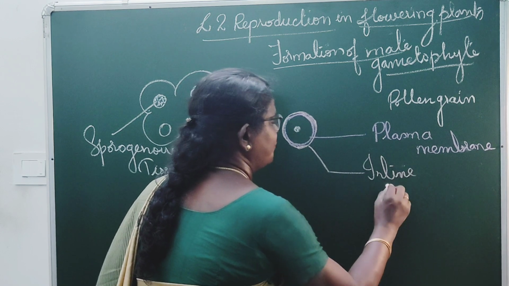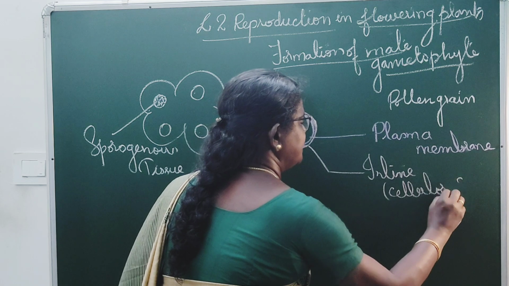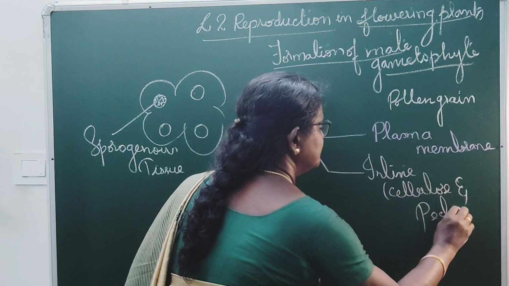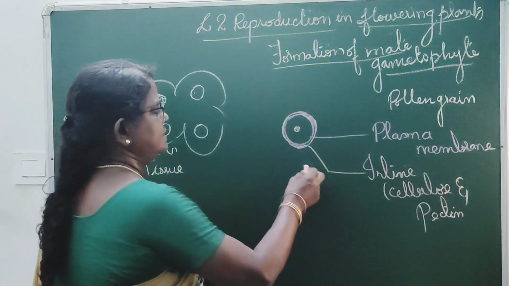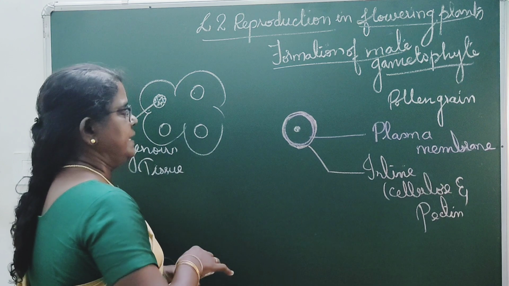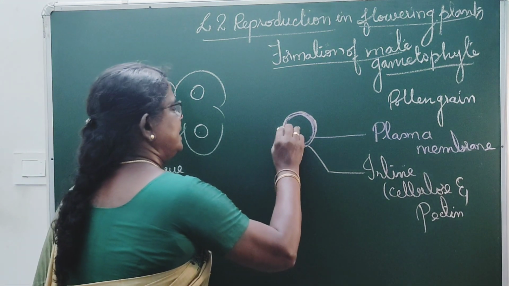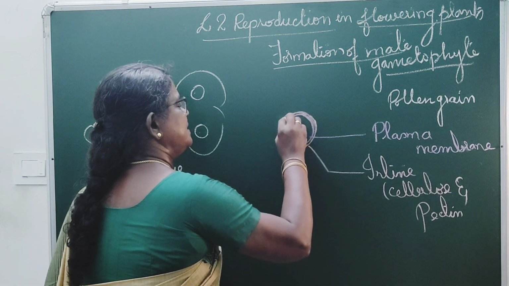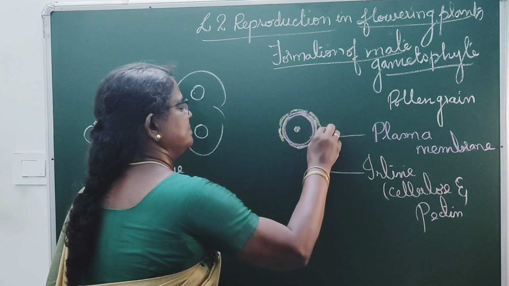Intine is made up of cellulose and pectin. Around this intine, it has another thick layer called exine. Exine is not a continuous layer, so it is an irregular layer.